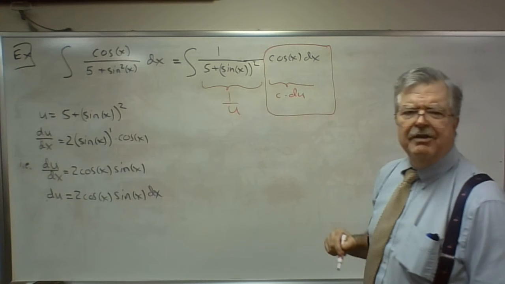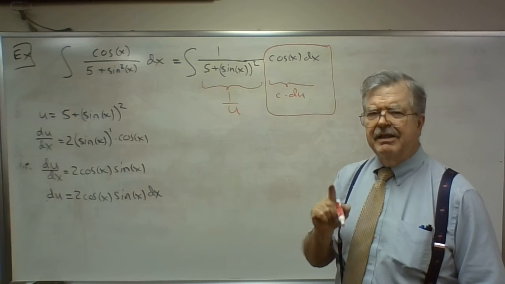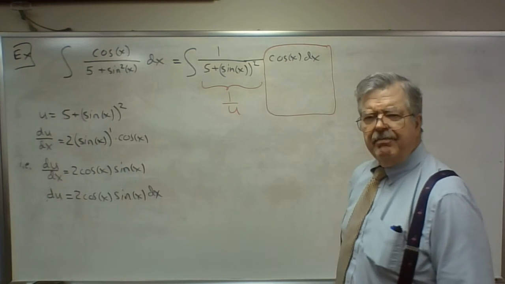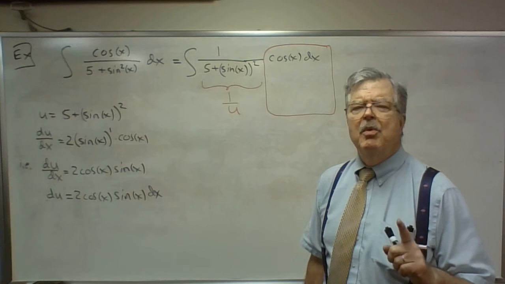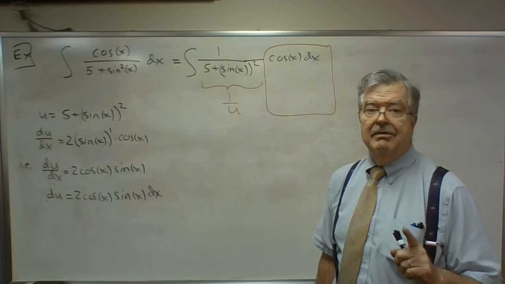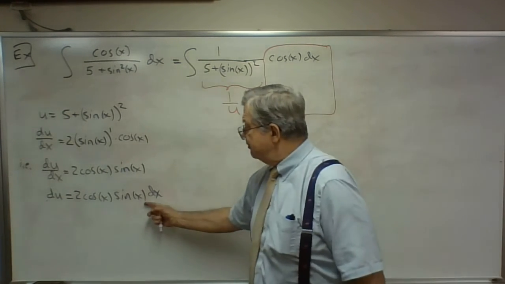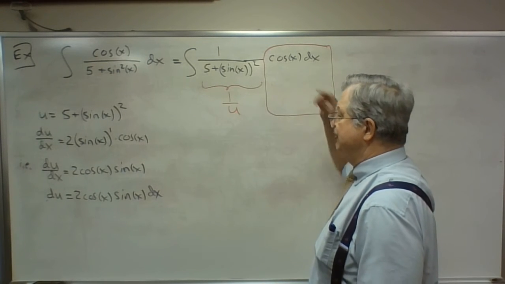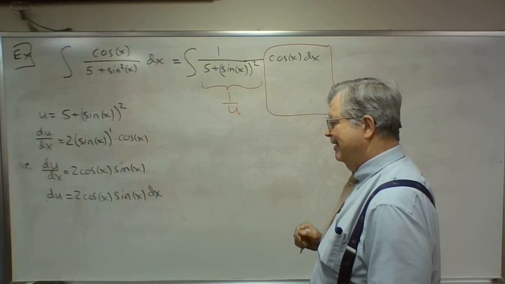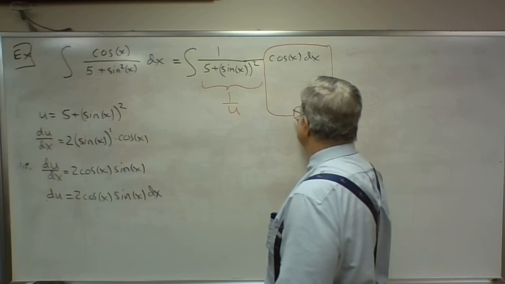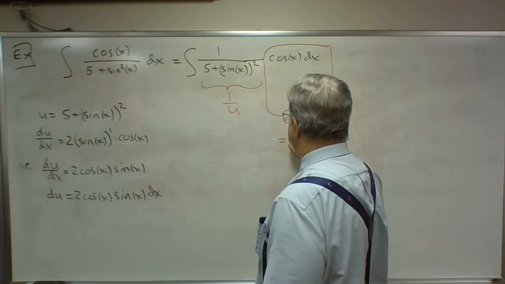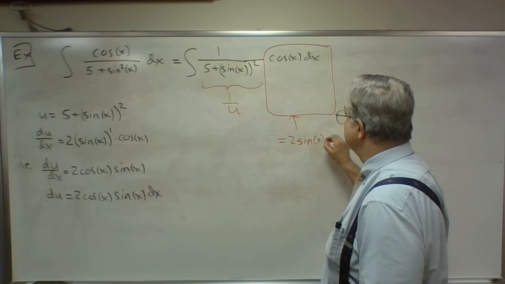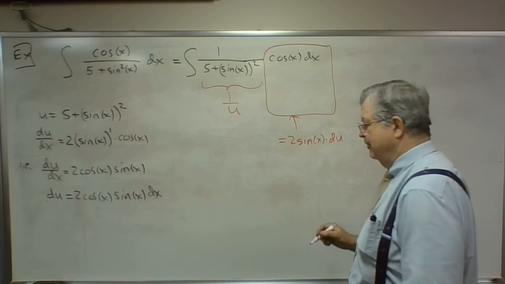What's left over doesn't have to be exactly du, but we can't be off by more than a constant multiple. Here's du. We have cosine dx. Maybe I could look at it this way. This is equal to 2 sine of x times du.